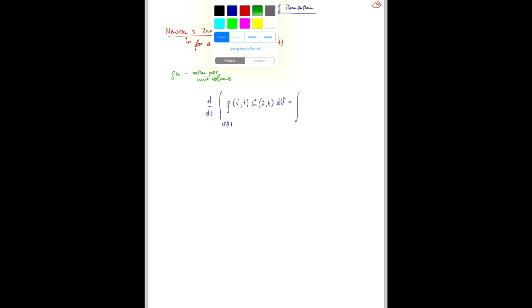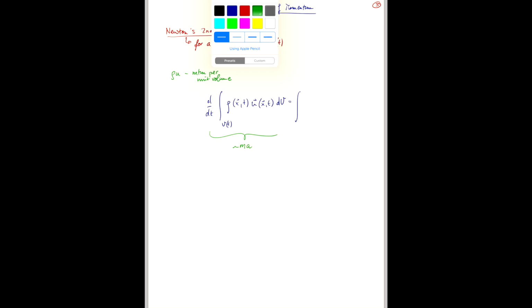So this really is just ma essentially. It's the density integrated over the volume, and there's the velocity, and it's the time derivative of that. So this is analogous to ma here, and that ma has to be equal to F.